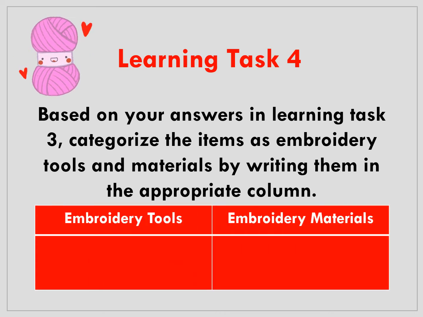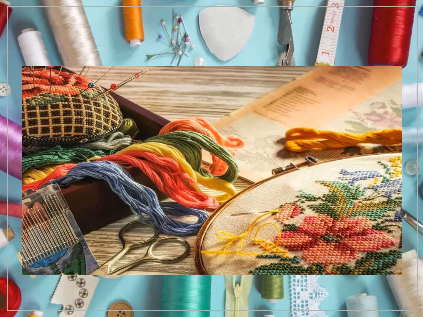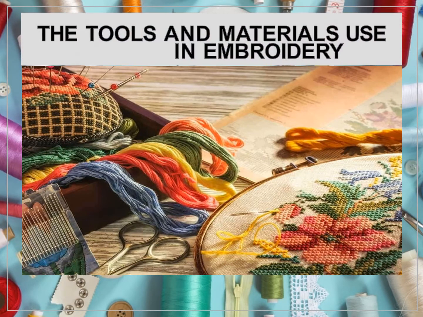There are two columns. The first column is for the embroidery tools, and the second column is for the embroidery materials. Next are the tools and the materials that are commonly used in embroidery.